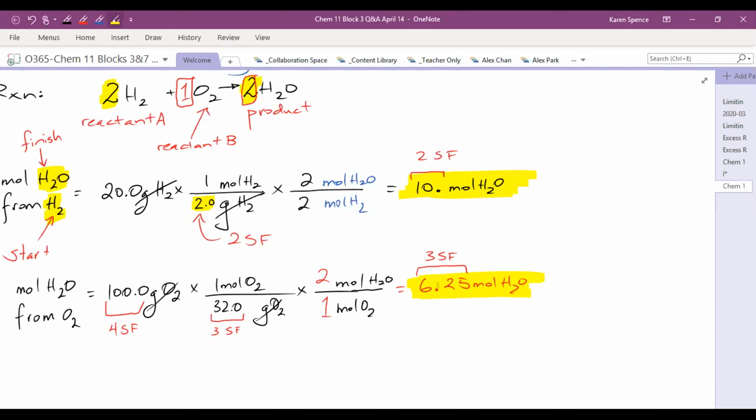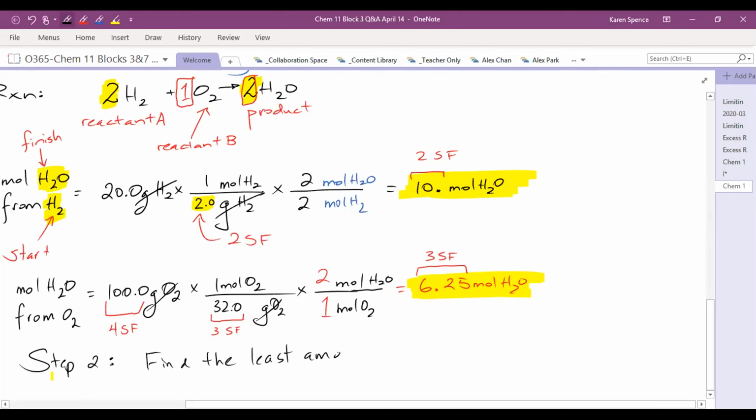We're going to say which one produces less H2O. And by doing that, we are going to find our limiting reactant. So step 2: find the least amount of product out of those two.